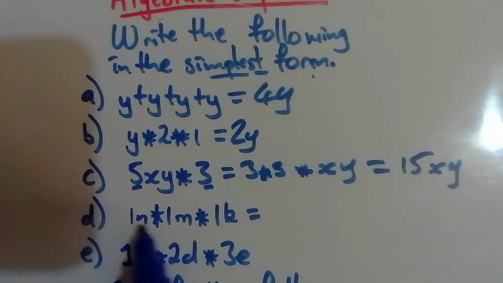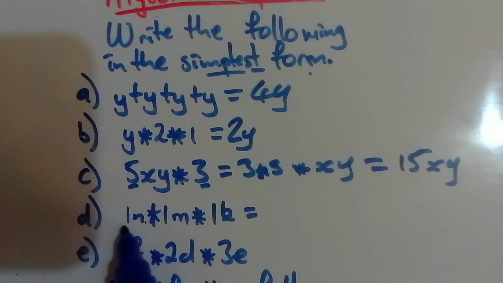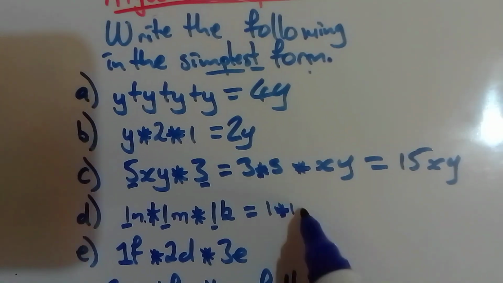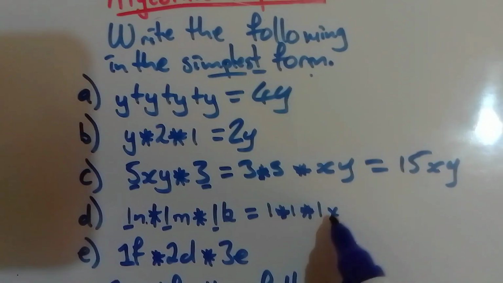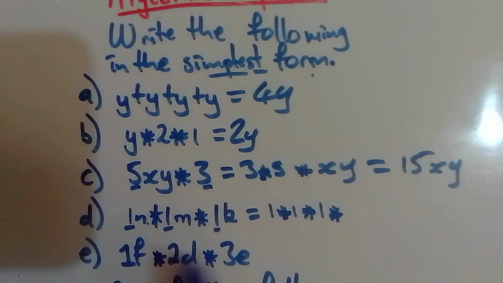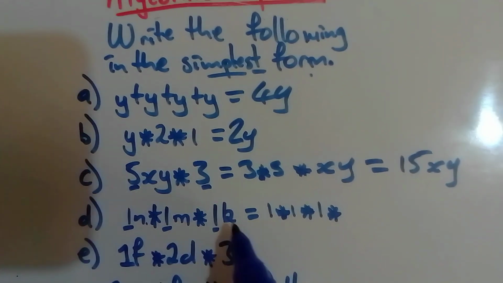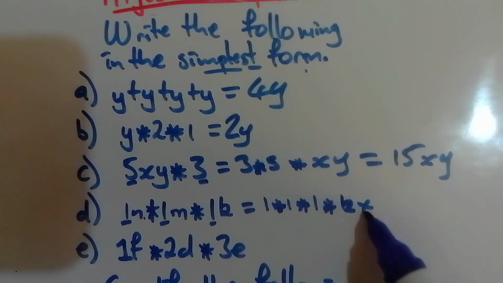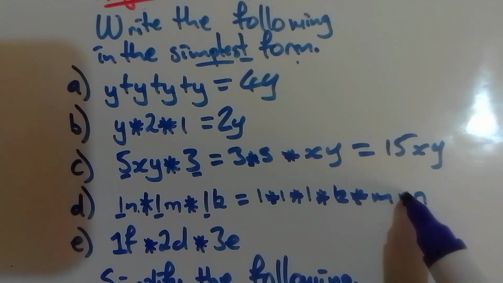Then we go to the next question. We've got 1n multiplied by 1m multiplied by 1k, where you start by multiplying the numbers. So you've got 1 multiplied by 1 multiplied by 1. Then when you list your letters, you list them according to the alphabet. Which one starts? You start with k. So we say multiplied by k, multiplied by m, and definitely multiplied by n.